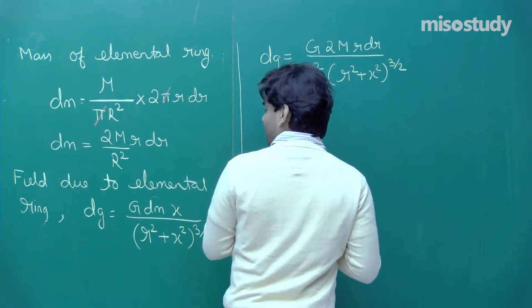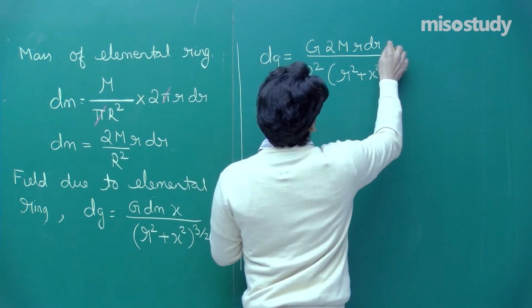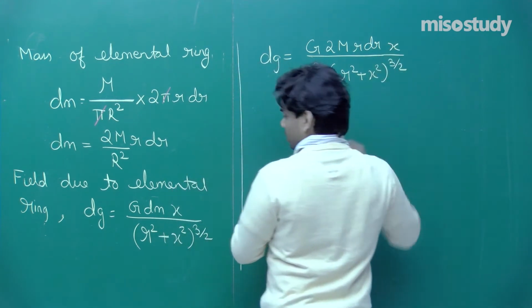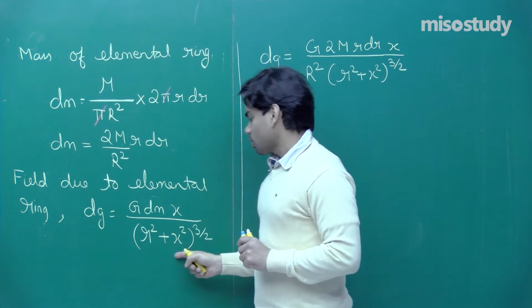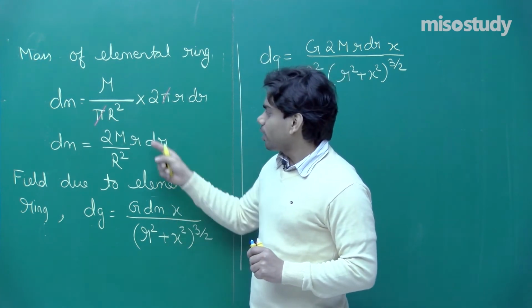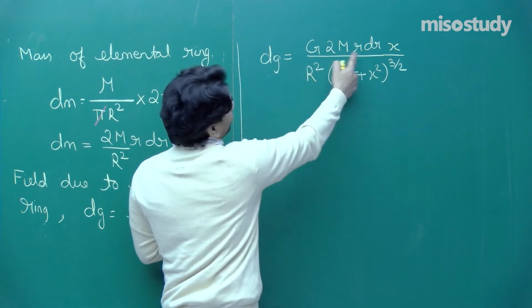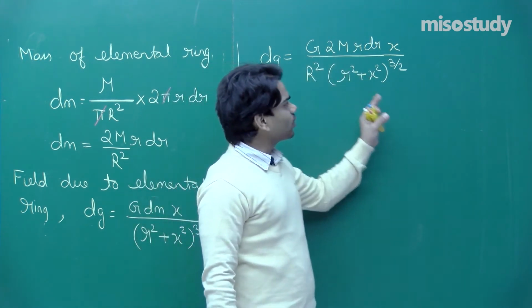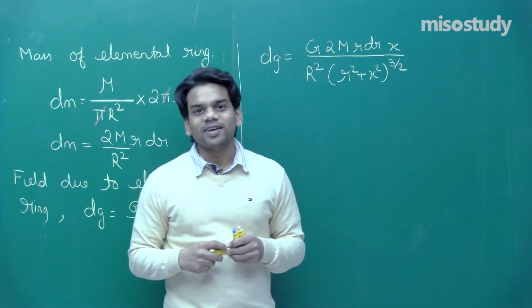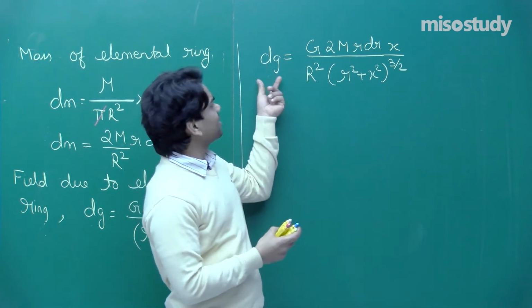This is what we are having finally, and we have to also multiply here x. You see here g dm x upon r square plus x square power 3 by 2. The dm value I have substituted as 2m r dr upon R square, and we kept down all the values we obtained. This is the value of small g, that is dg.